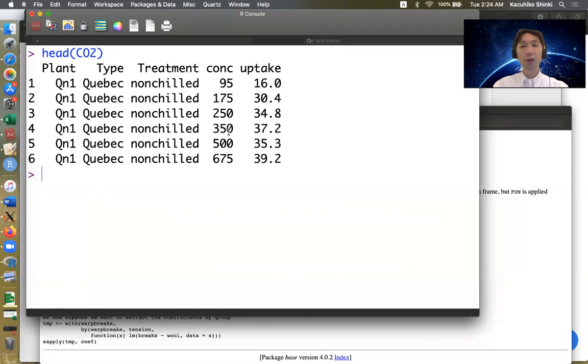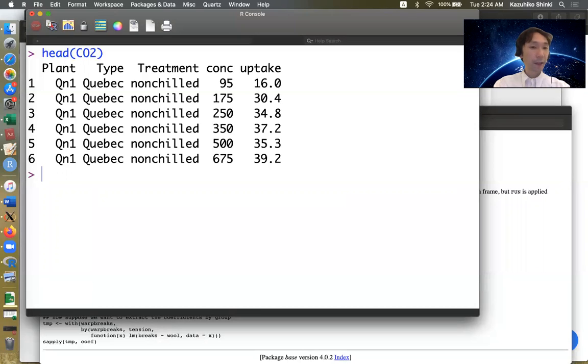It's a controlled experiment, and we have 2 locations, Quebec and Mississippi, and several plants in each location, and we have a treatment. So non-chilled and chilled, we have 2 categories for treatment. And CO2 concentration, this is also a control variable. And uptake, the CO2 uptake rate. This is basically the result of the experiment.